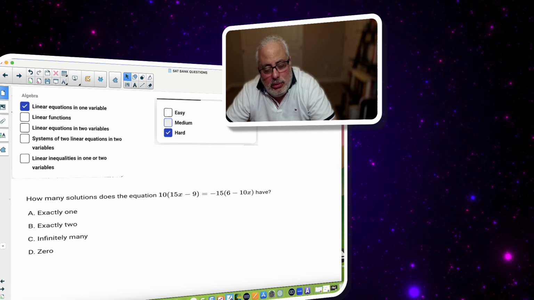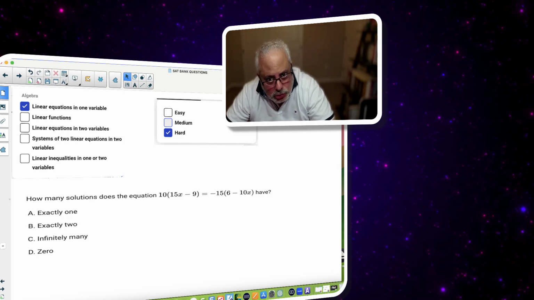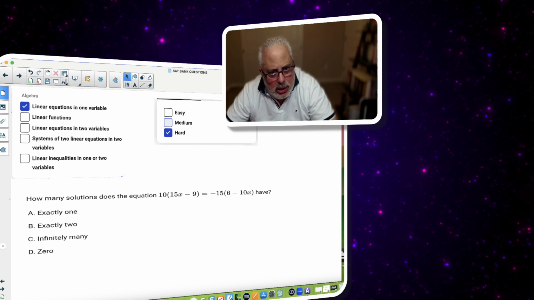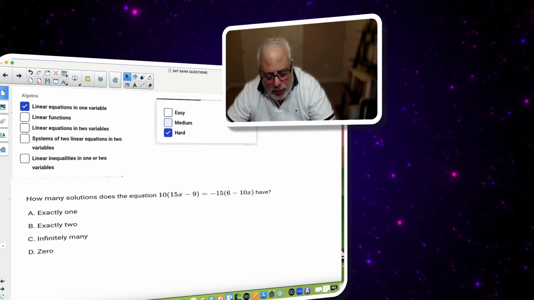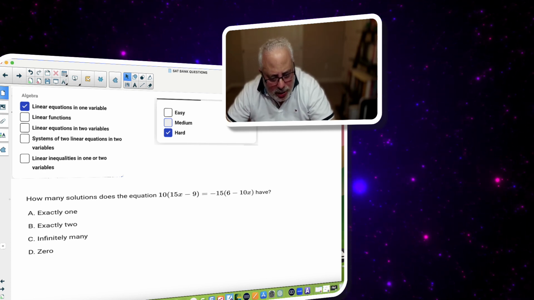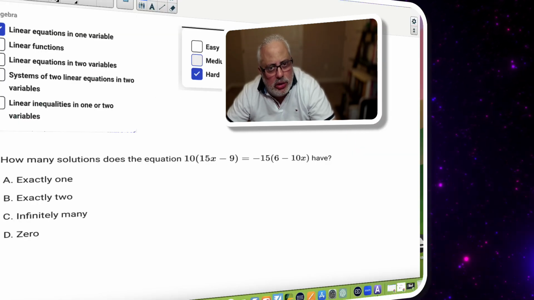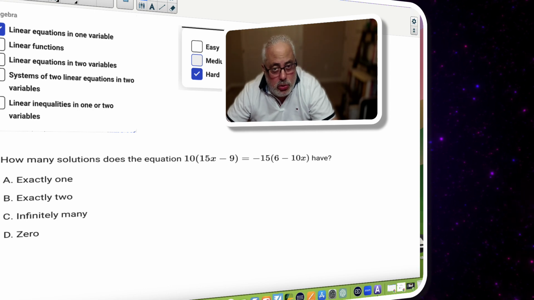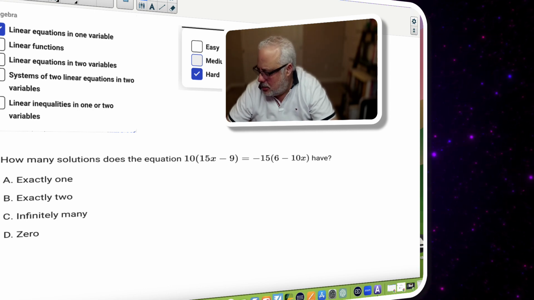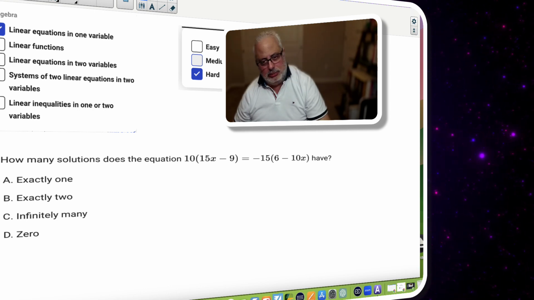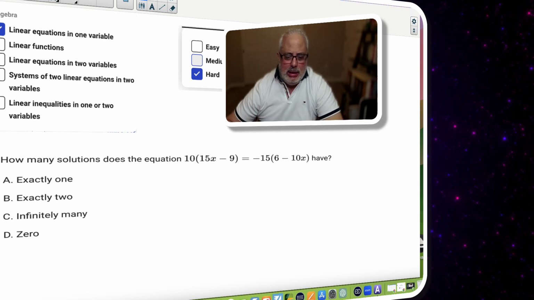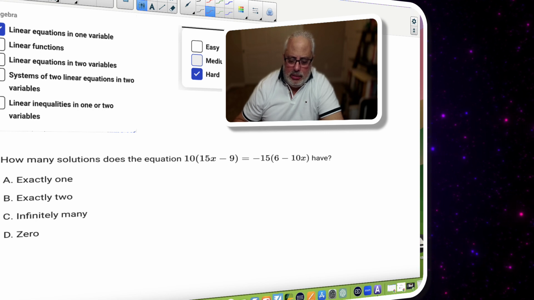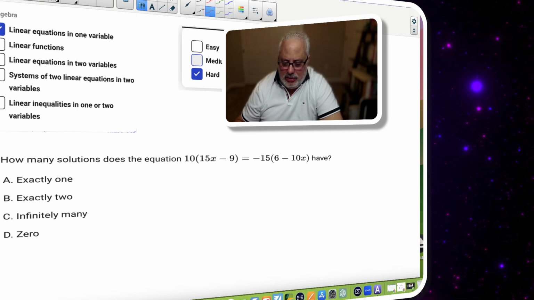So right here, we have to start working with the equation, because there is no other way from that view that we can determine what type of solutions they are going to have. So let's pick the pen, and we're going to start working with this. Let's manipulate this a little bit. So we have here 10 and 15.